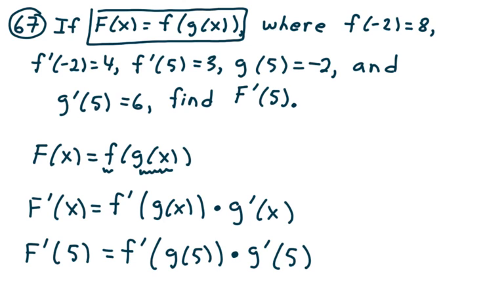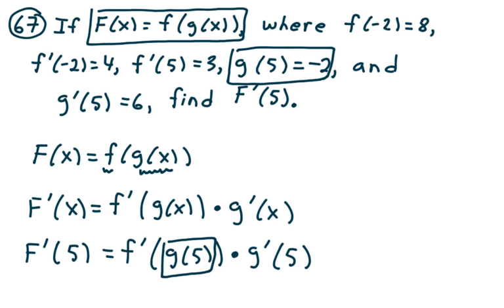Now, if I take a look at g of 5 right here, I need to come up here and notice that g of 5 is equal to -2. So I'm going to replace g of 5 with -2.